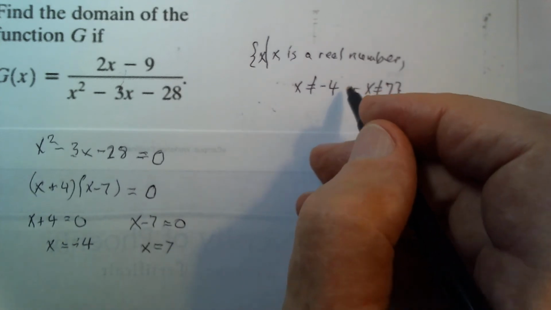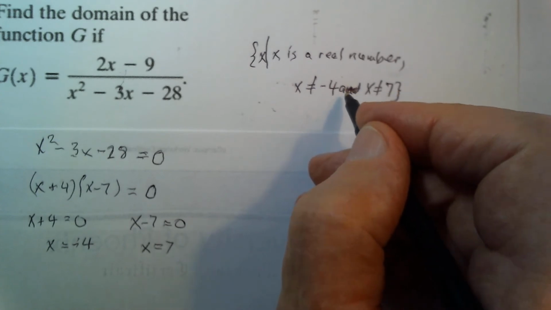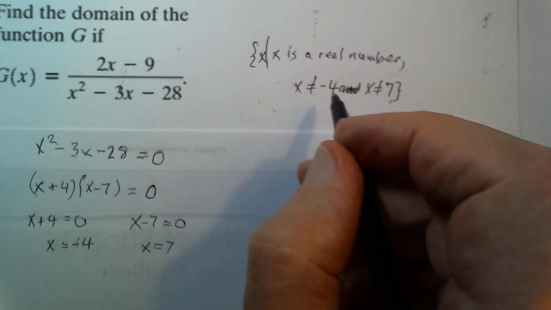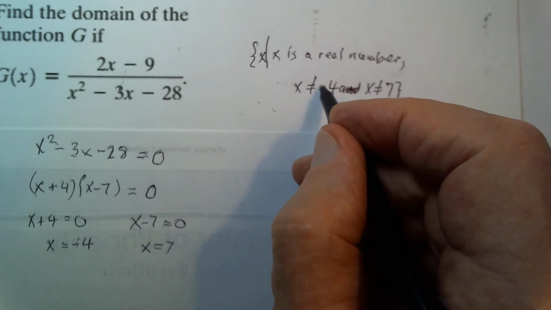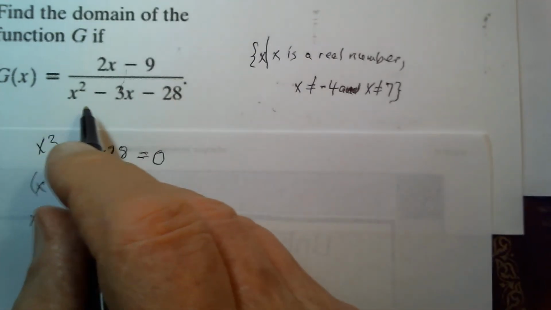Actually, there should be an and here. So in other words, as long as x does not take on the value of minus 4 or the value of 7, this function is defined.